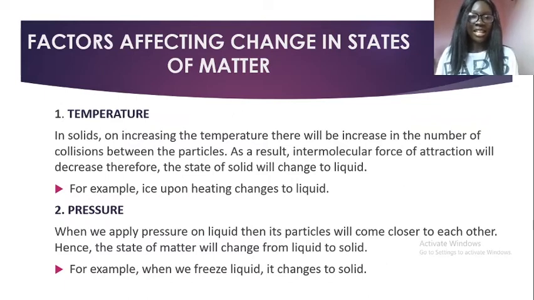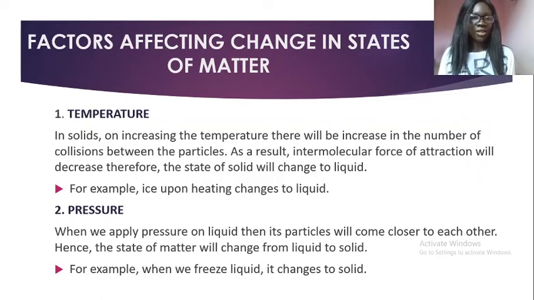That means that heating, your solid is undergoing a rise in temperature for it to melt. So in a solid, on increasing the temperature, there will be an increase in the number of collisions between particles. As a result, the intermolecular force of attraction will decrease.